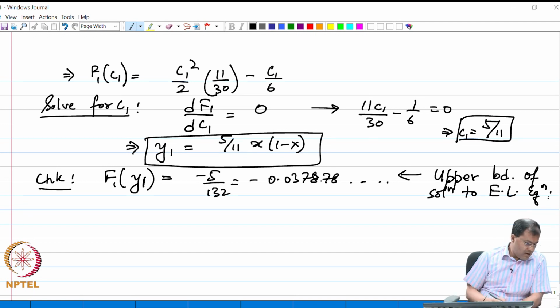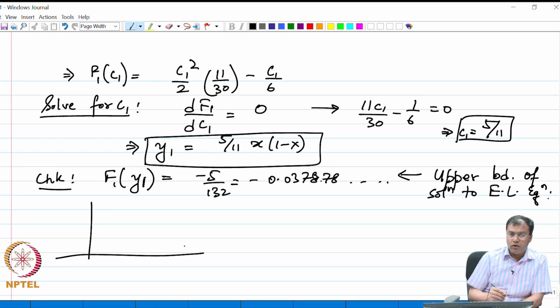Okay. Before we move on, I just want to highlight how this approximate solution compares with the exact solution. If we plot y versus x, the exact solution is as follows.